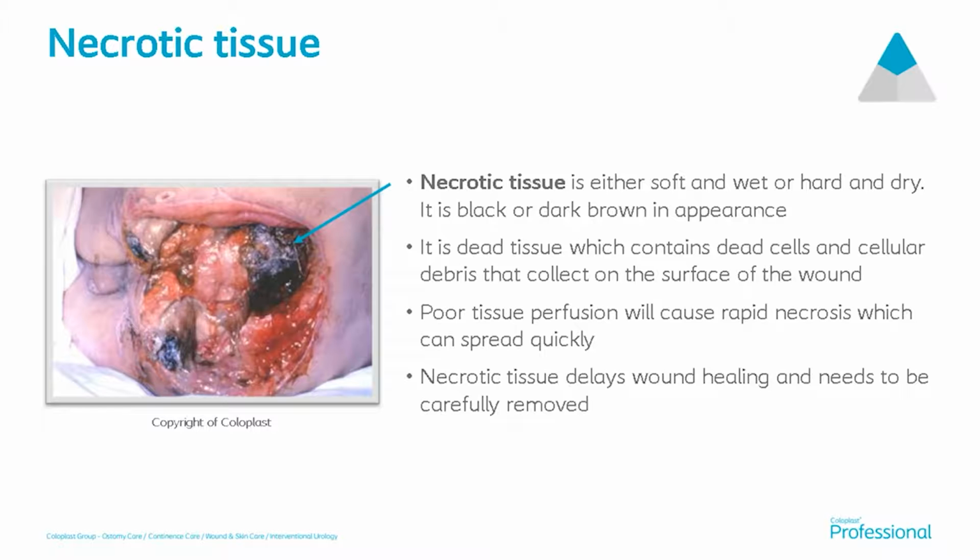If you've identified poor tissue perfusion, that can also sometimes be linked with the rapid onset of necrosis, which can spread quite quickly. So necrotic tissue does delay our healing, and it can lead to a higher risk of infection as well. It's something that really needs to be carefully removed from the wound bed in order to help the wound progress through its healing trajectory.